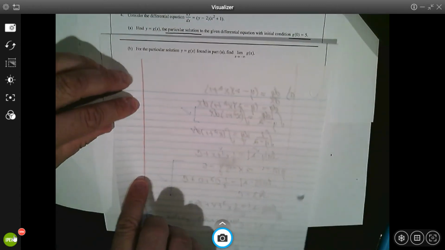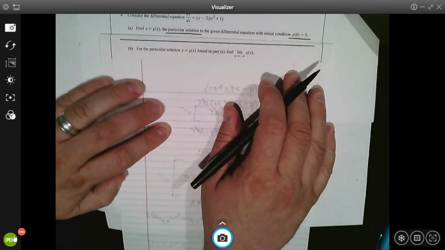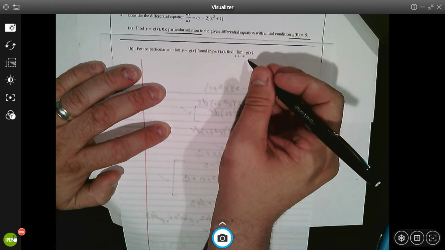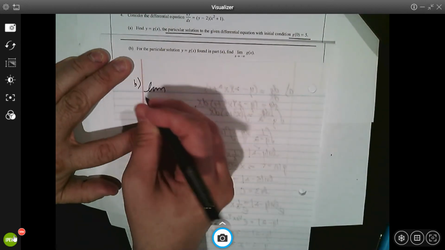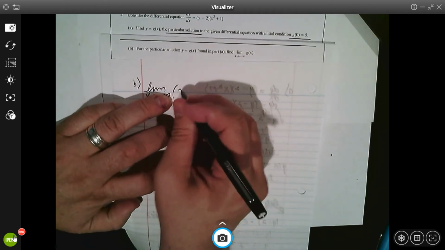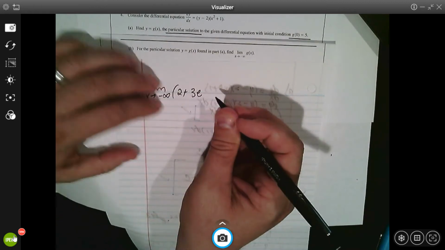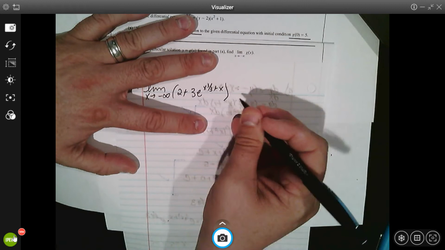In part B, we're told for the particular solution found in part A, find the limit as x approaches negative infinity. Well, the limit as x approaches negative infinity, what was our function? It was 2 plus 3e to the x cubed over 3 plus x.